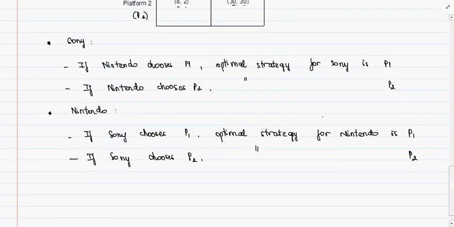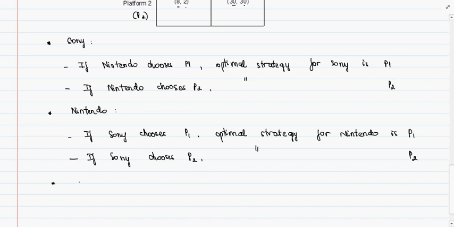This confirms what I said before: the two firms are going to choose the same platform because that gives them a better payoff. This is called a coordination game, in which the two firms choose to do the same thing.